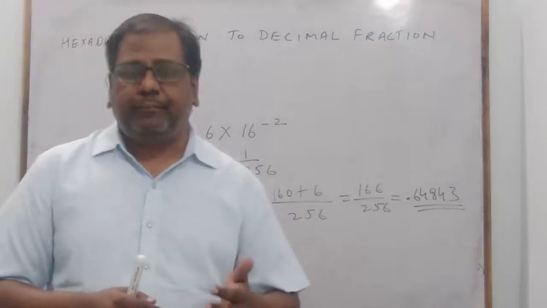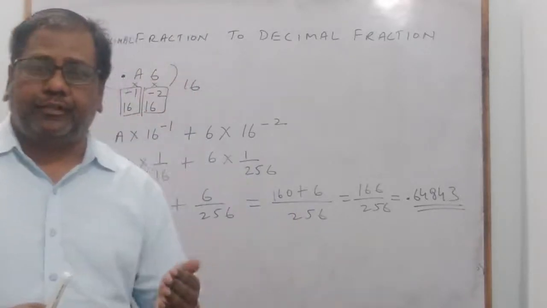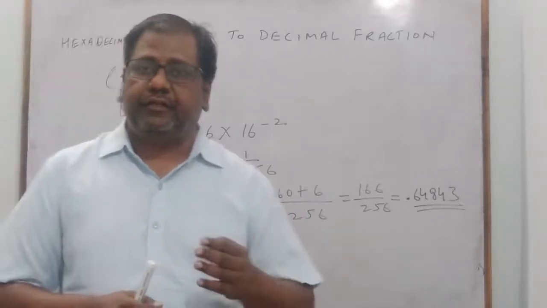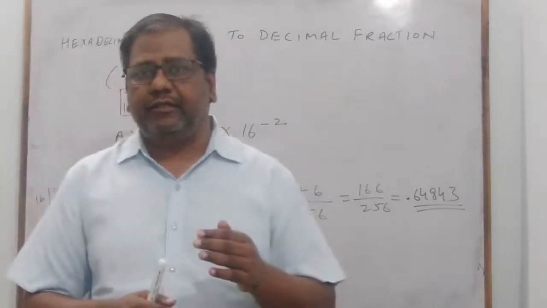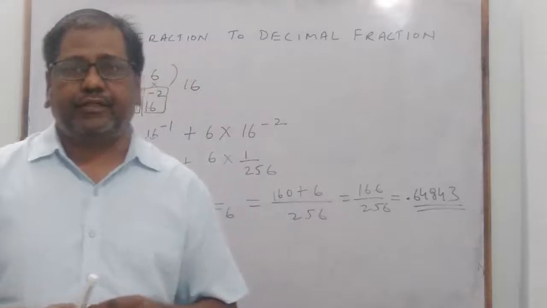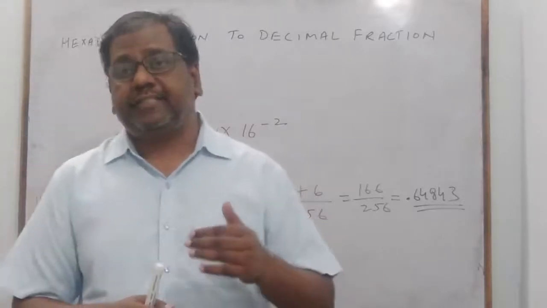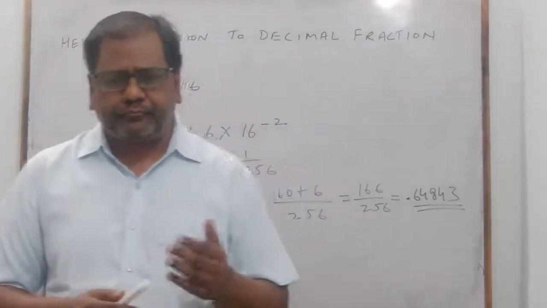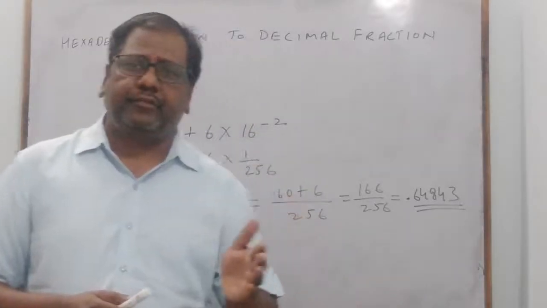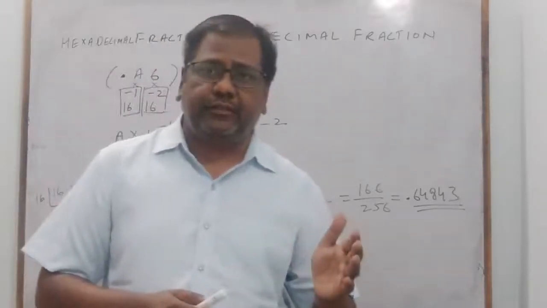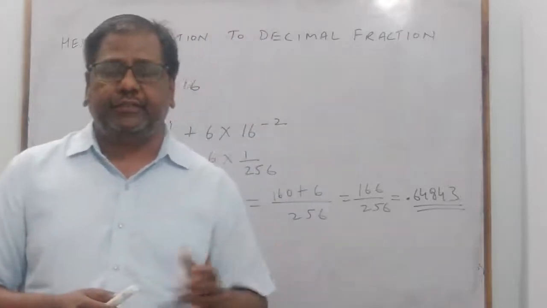So we have completed the conversions: binary to decimal, octal to decimal, hexadecimal to decimal. Then we have seen the vice versa of it: decimal to binary, decimal to octal and decimal to hexadecimal.